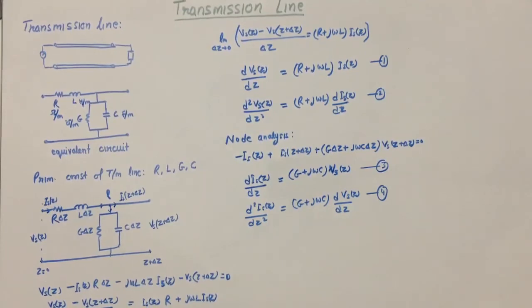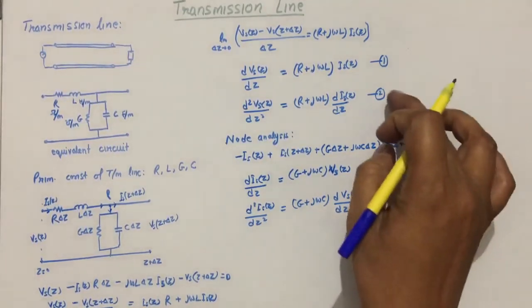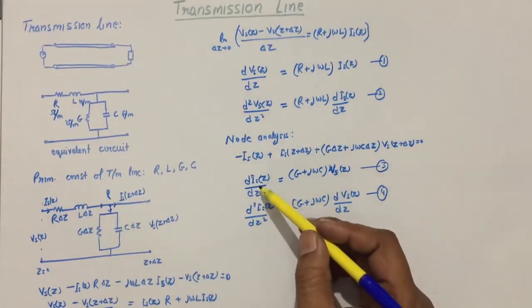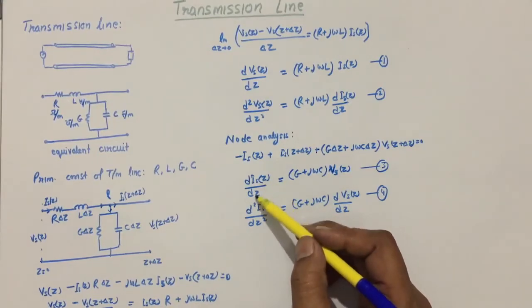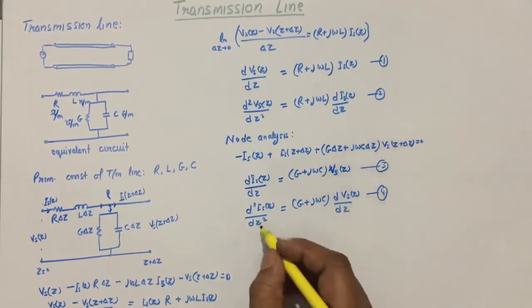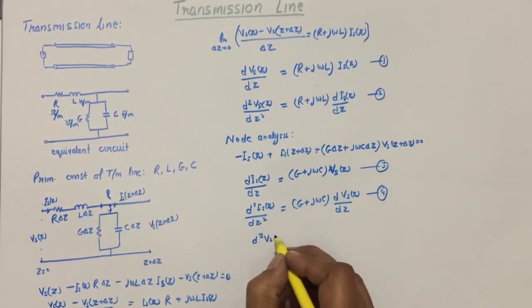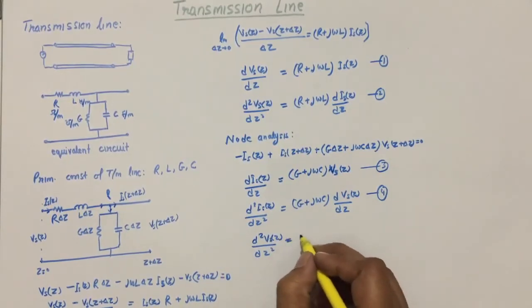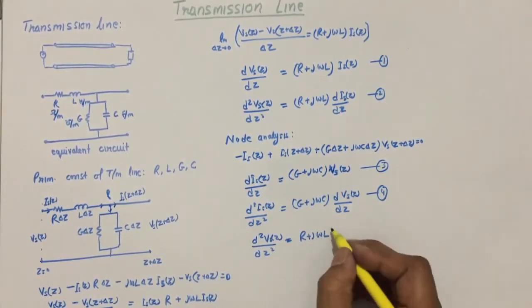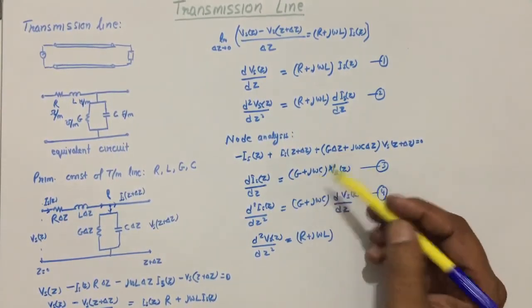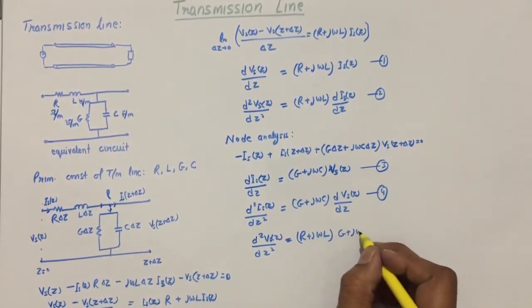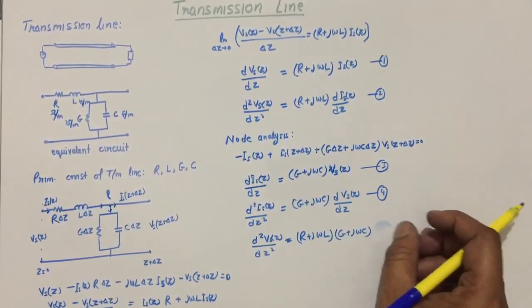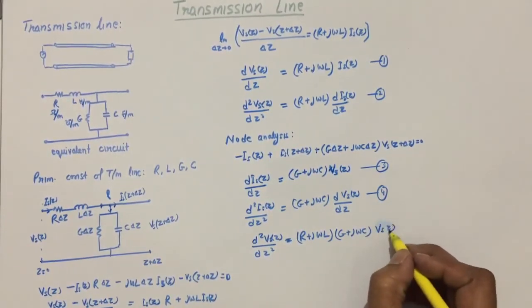Now let us try to relate these final equations to the wave equation. If we put the value of dIs/dz here, then we will find d²Vs(z)/dz² is equal to (R + jωL)(G + jωC) times Vs(z).